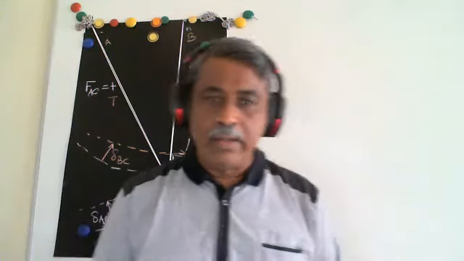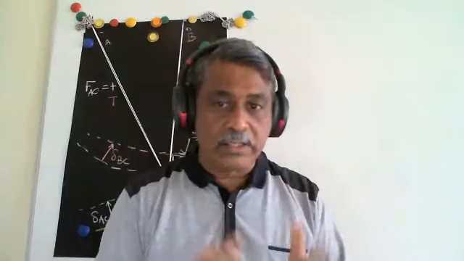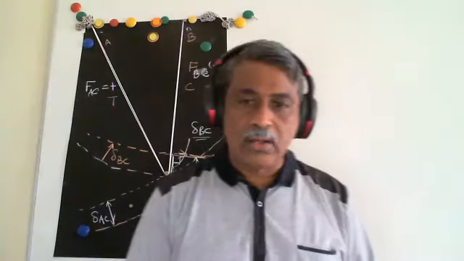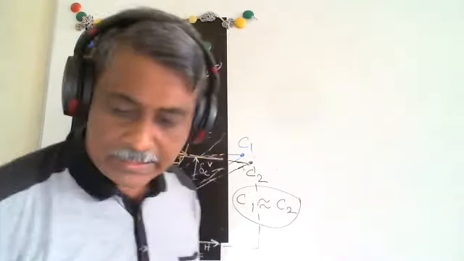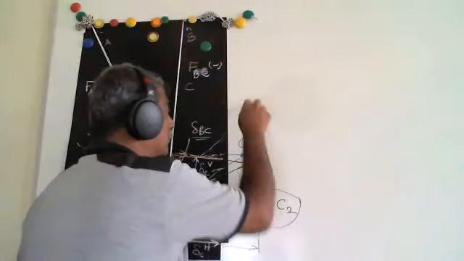And therefore, it helps me in making it possible for us to add strains. And this is only true for small strains, mind you. The other strain, where you take the real length, is called the Almansi strain. Almansi.